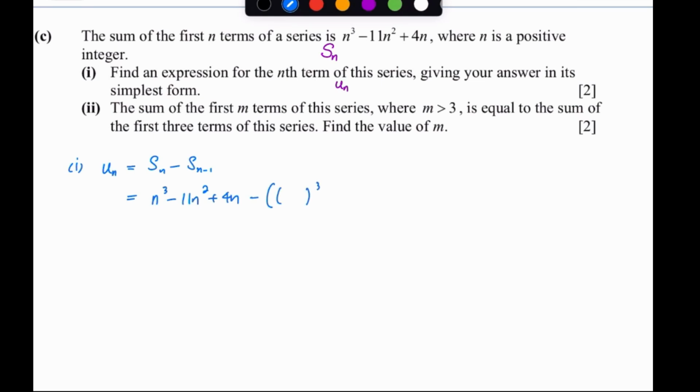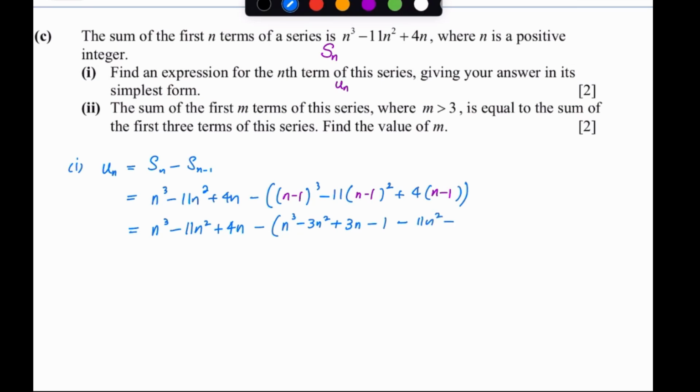So we have n cubed minus 11n squared plus 4n minus, let's do this very quickly, n cubed minus 3n squared plus 3n minus 1, minus 11n squared plus 22n minus 11, plus 4n minus 4. Something like that. This is a very speedy way of doing it.